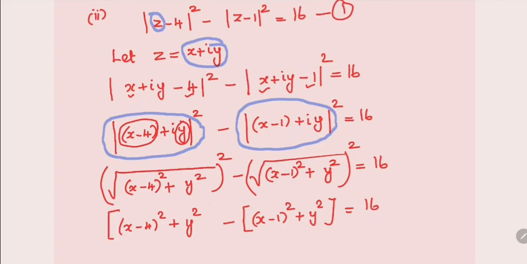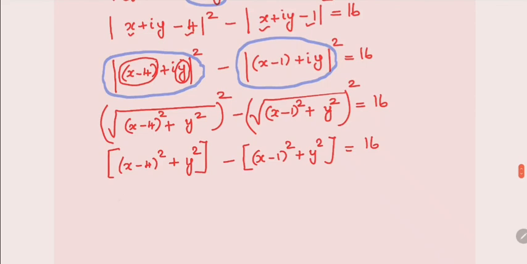So this is your first term, and this is your second term. In between you are having minus, so I'll put a bracket. Okay, so it is x minus 4 the whole squared plus y squared. Now you are going to apply the minus.